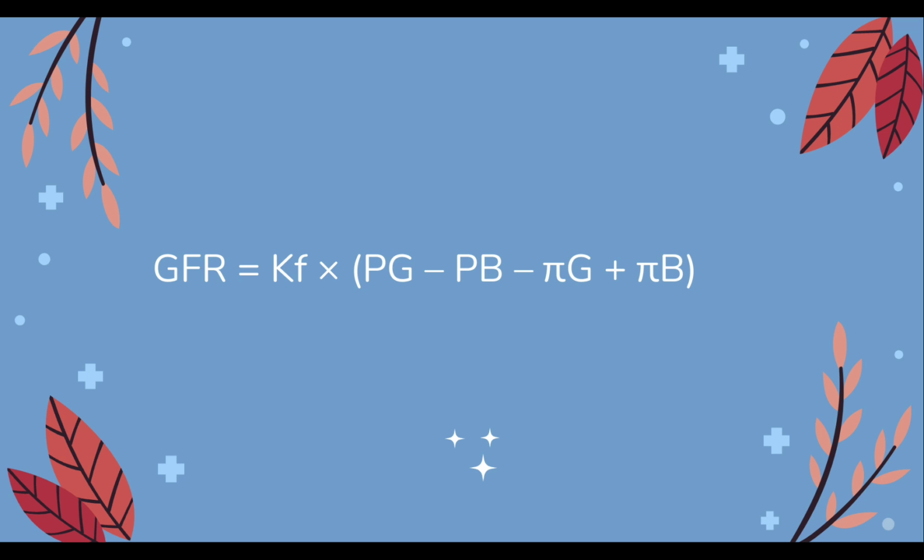So how do we calculate the glomerular filtration rate by these values? We have to multiply the Kf, the glomerular capillary filtration coefficient, by the value we get when we subtract Pb, the hydrostatic pressure in Bowman's capsule, and πG, the colloid osmotic pressure of the glomerular capillary plasma protein, from the glomerular hydrostatic pressure, and then add πB, which is the colloid osmotic pressure of proteins in Bowman's capsule.